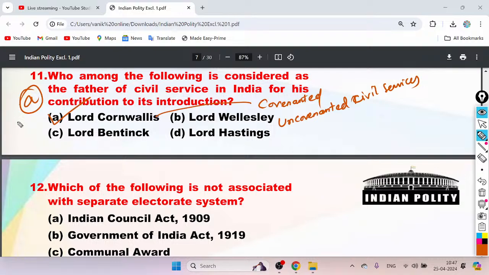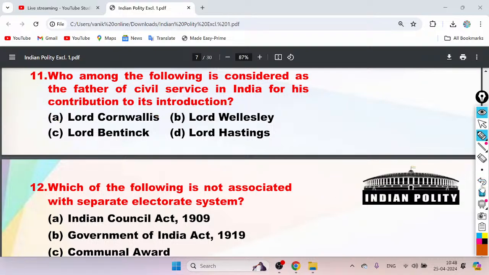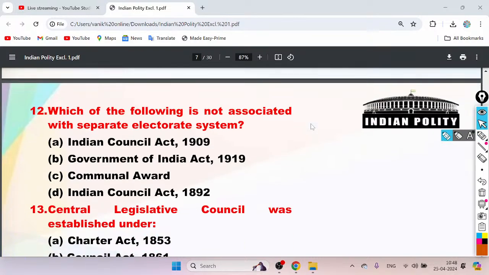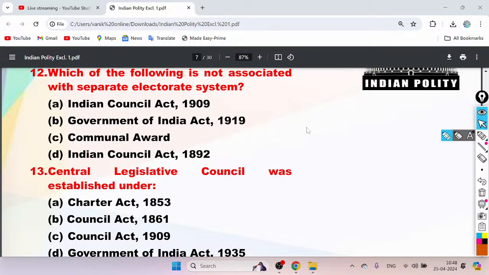Which of the following is not associated with the separate electorate system? I told you the three acts which are associated with the separate electorate system. The Indian Councils Act 1909 is actually the first act, for Muslims.